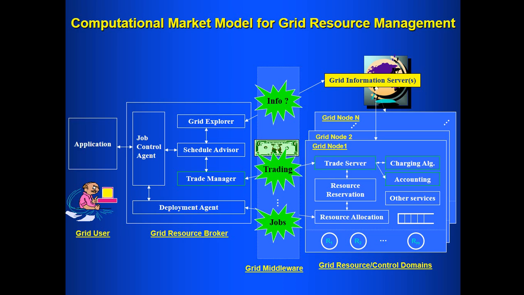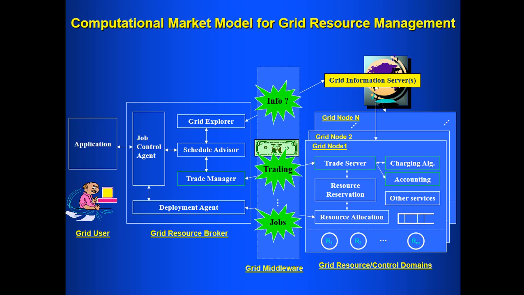Then the work will be sent by deployment agent to resource allocation and placed in the resource queue. Whenever the turn comes, the resources are used by the job and the results are sent to the deployment agent.